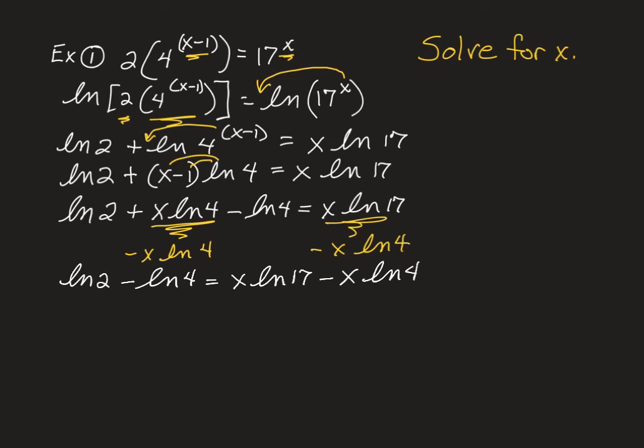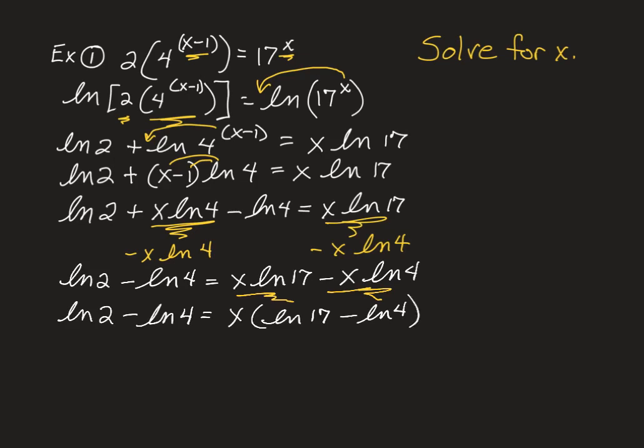Still need to isolate that x. But there's an x times something in the first term and an x times something in the second term on this right-hand side. So I have a common factor of x. So I can factor out that common factor now. They're on the same side. All right, and I'm left with x times all of that, which means I can divide the right-hand side by the natural log of 17 minus the natural log of 4.